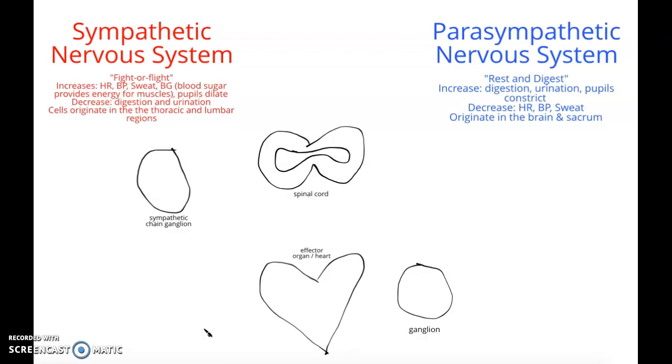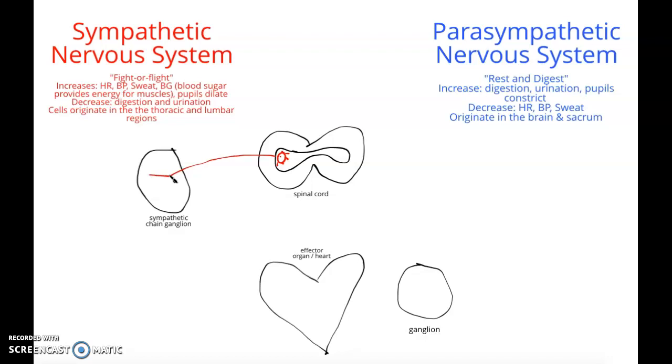So we'll start here on the sympathetic side. The way that this is laid out, the cell body is in the spinal cord, and it has its little dendrites, and it sends an axon to the sympathetic chain ganglion.